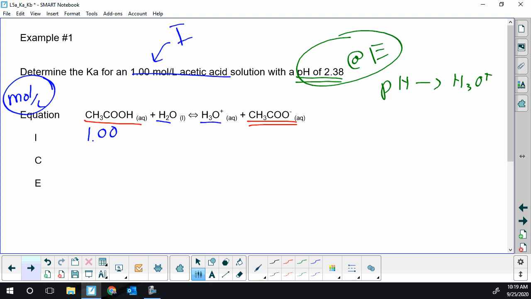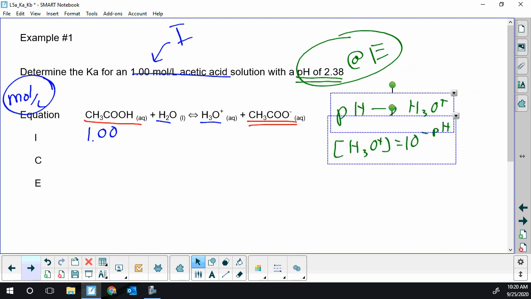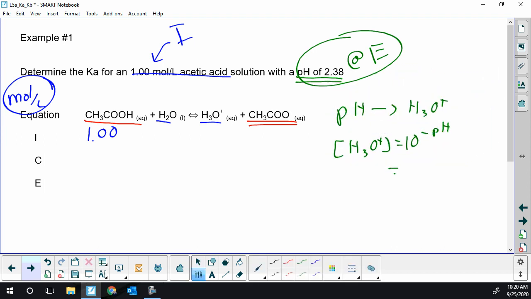So that's what I'm going to do. The concentration of hydronium is 10 to the negative pH. So 10 to the negative 2.38. Now I switched colors to emphasize that decimal places in pH are sig figs when you go back to a standard number.